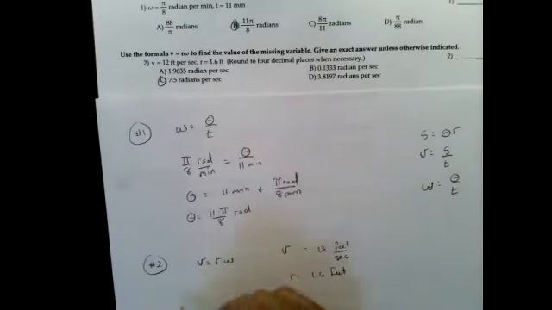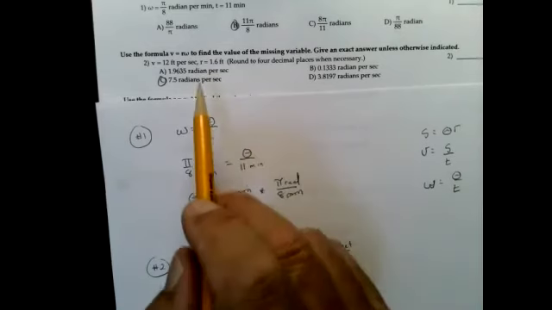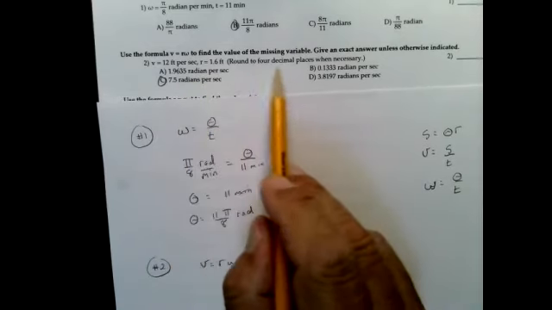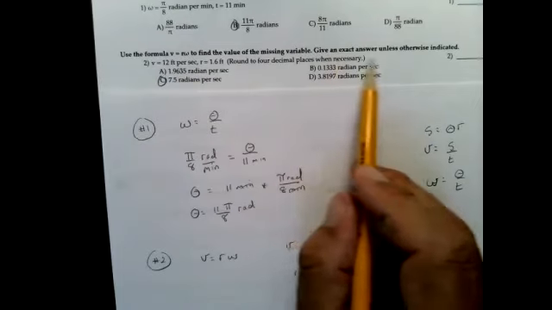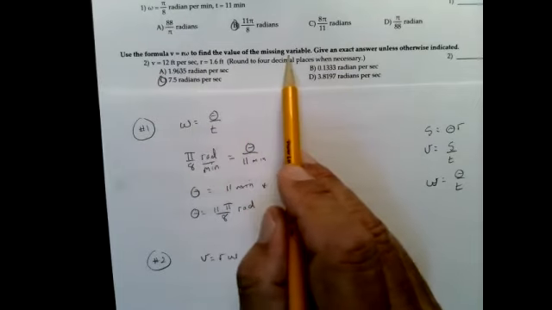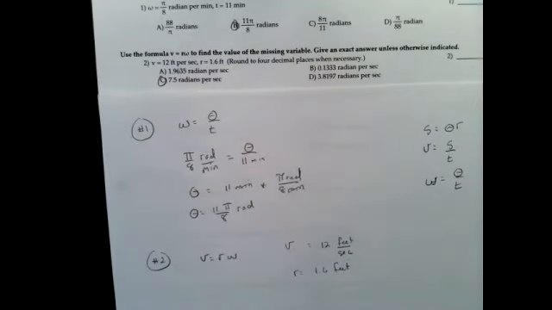And I'm given the formula V equals RW, and it would like me to round to 4 decimal places. Okay, so it looks like the question should be asking to find the value of the missing variable. The missing variable in this case is W.